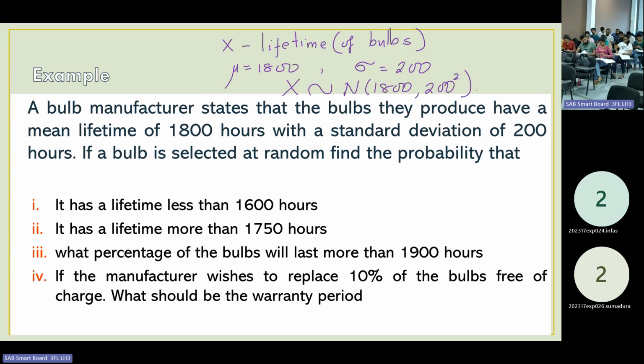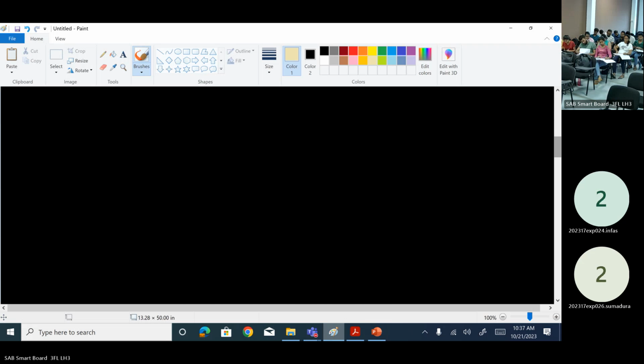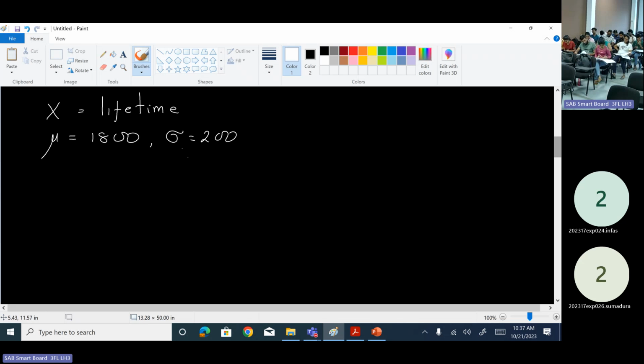So now we'll see how to answer. The first three are normal ordinary problems. X is the lifetime, mean 1,800, standard deviation 200.